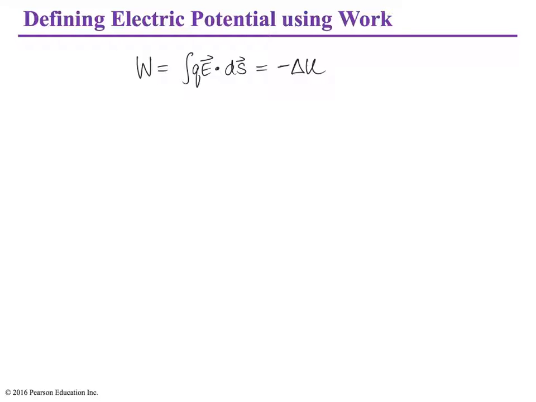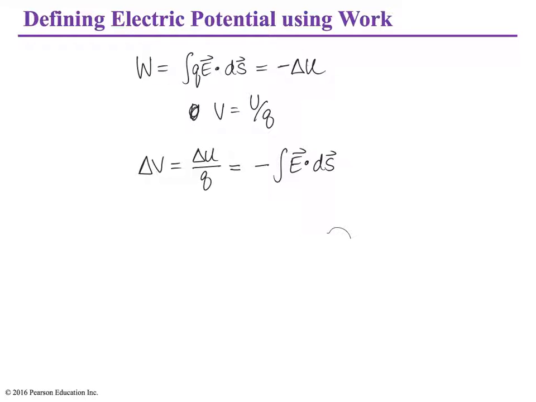So if we use the idea that potential is potential energy per unit charge, then it makes sense to say that the change in potential is equal to the change in potential energy per unit charge. All that we've done is go from just a value of these two terms, potential and potential energy, to the change. And using our definition of work up here, we could say that it's equal to minus the electric field dotted with the displacement.